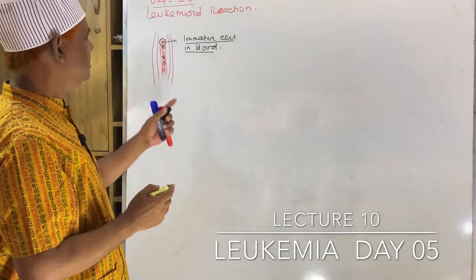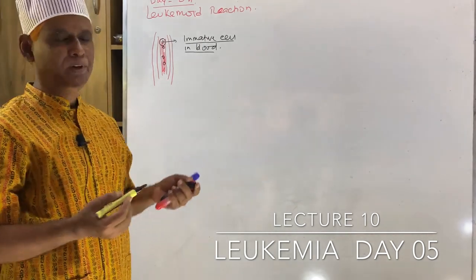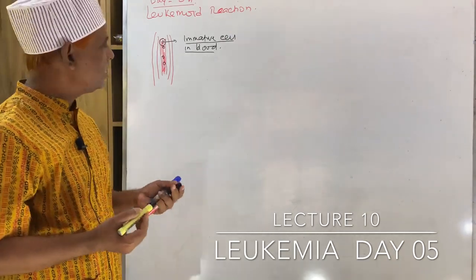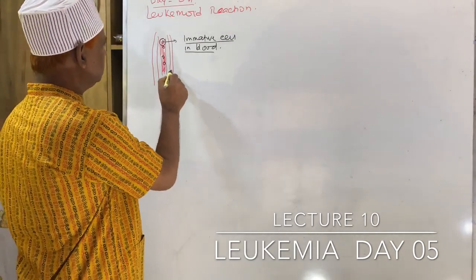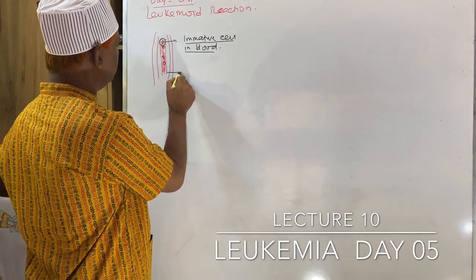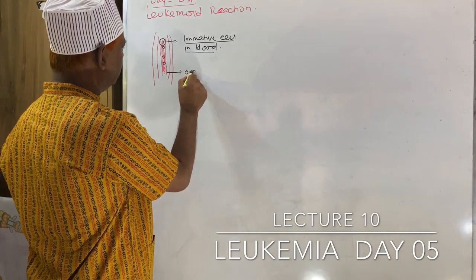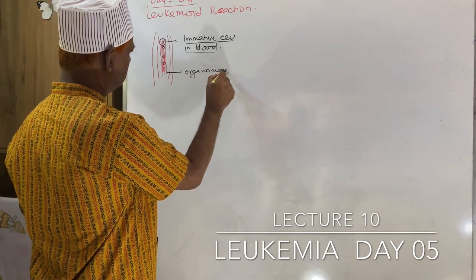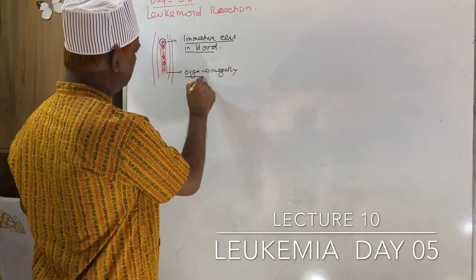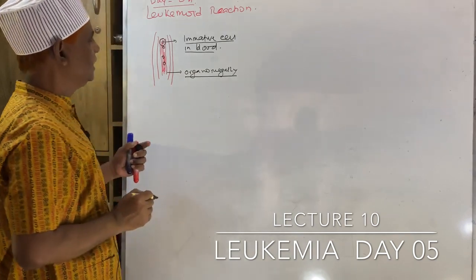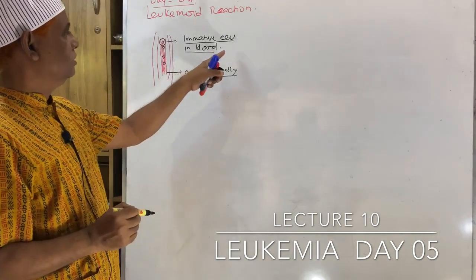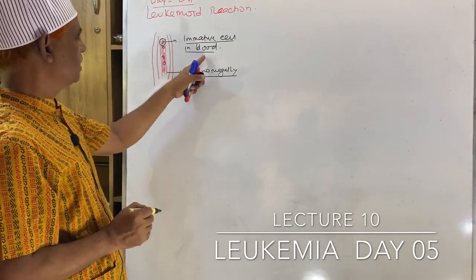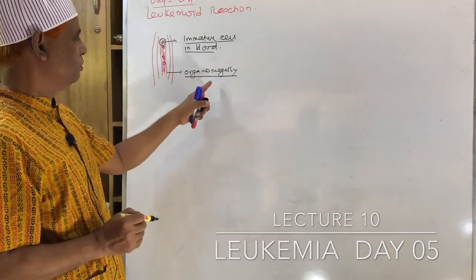cells. These leukemic cells may infiltrate lymph node, spleen, liver, etc., and so the patient may come to you with organomegaly. So, in leukemia we get leukocytosis, we get immature cell in peripheral blood, we get organomegaly.